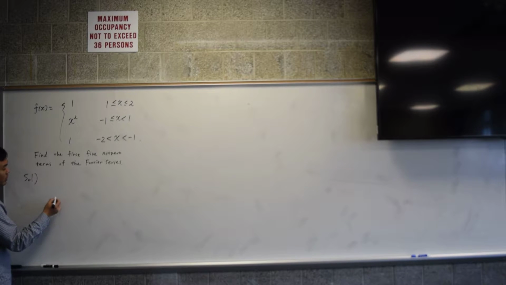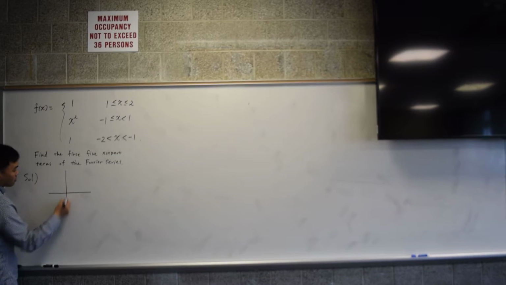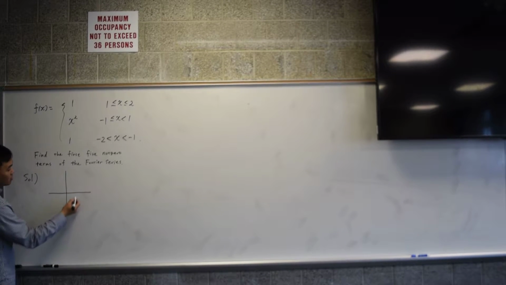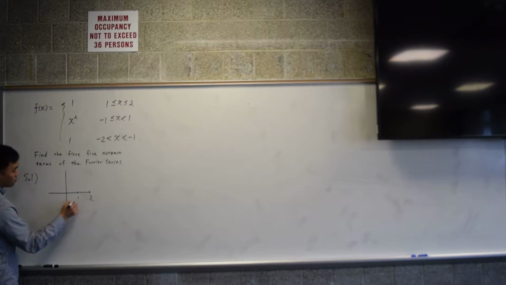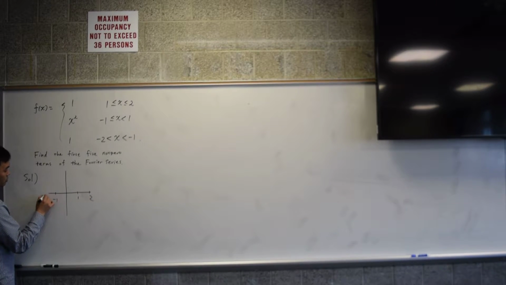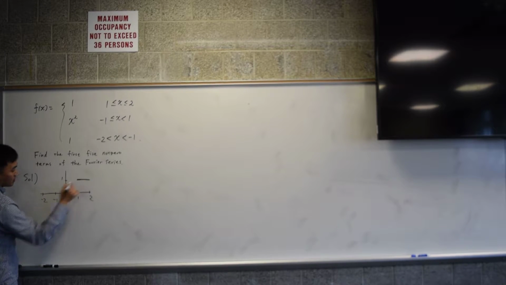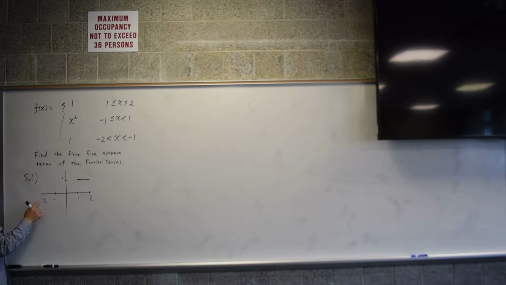First, let me draw the graph to convince you of the symmetry it has. So from 1 to 2, -1 and then -2. From 1 to 2, it's 1. Also from -2 to -1, it's like that. But between -1 and 1, you have this parabola.